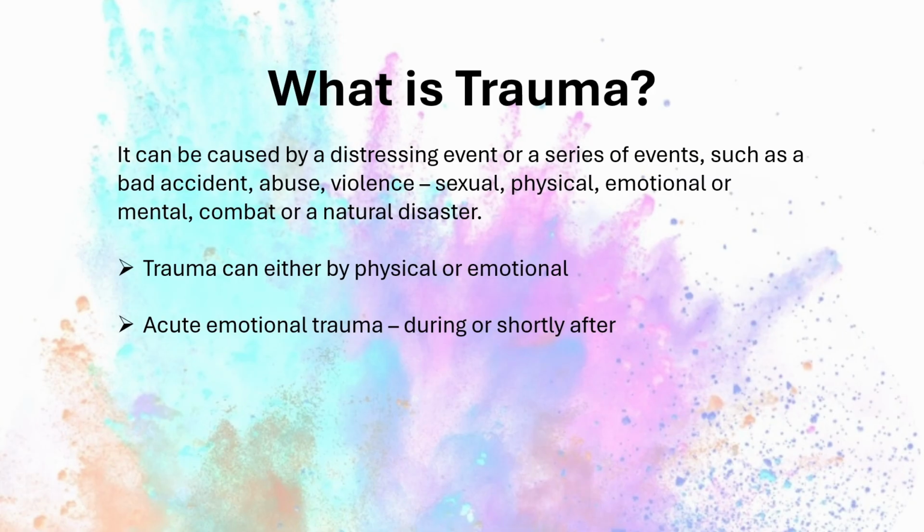Chronic emotional trauma is a long-term response resulting from prolonged or repeated distressing events that can span months or years. Complex emotional trauma is the emotional response associated with multiple different distressing events that may or may not be linked.